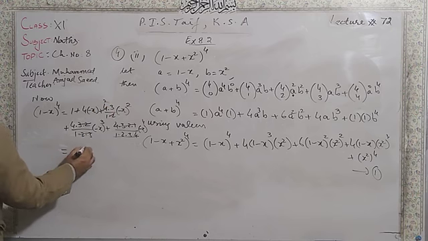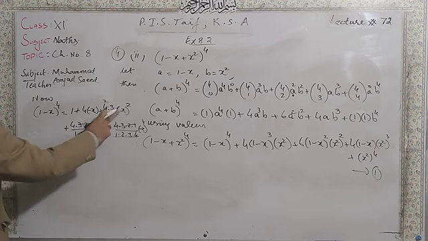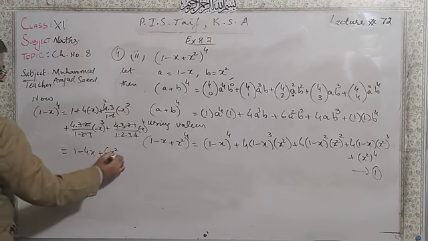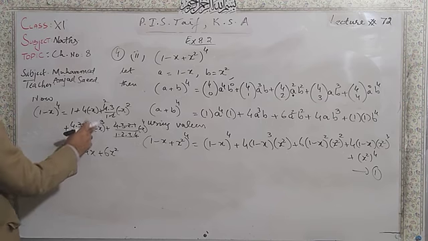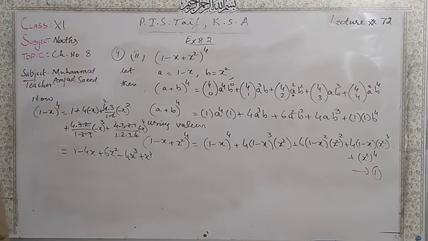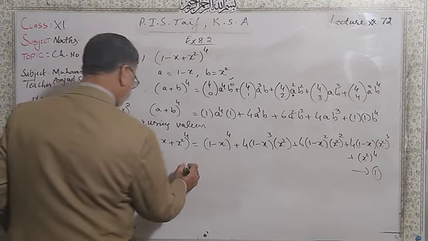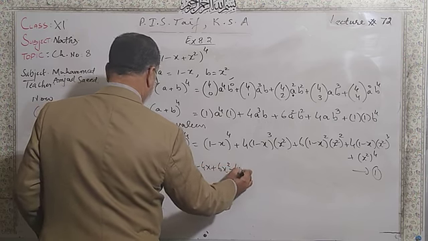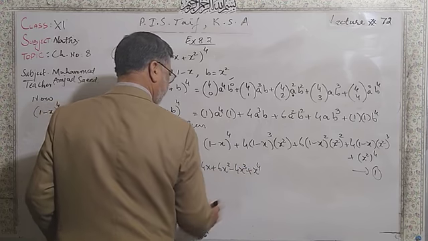We are left with 1 minus 4x. Then this x square will become plus x square and this will be 6x square. Then because of this power 3, we will have negative sign minus 4x cube and plus 4x4. So in place of 1 minus x whole power 4, we can apply this value: 1 minus 4x plus 6x square minus 4x cube plus x4.